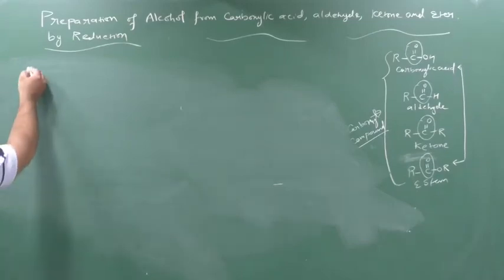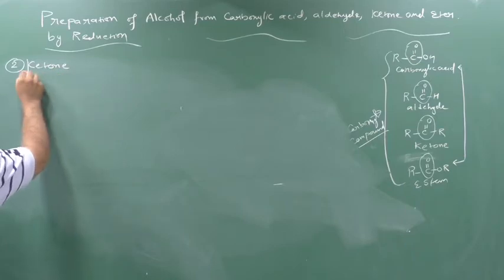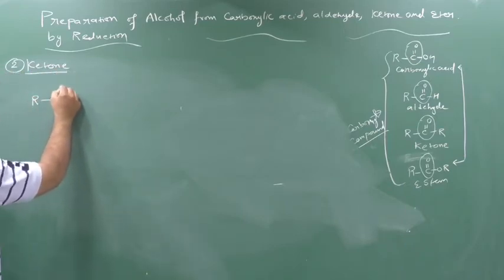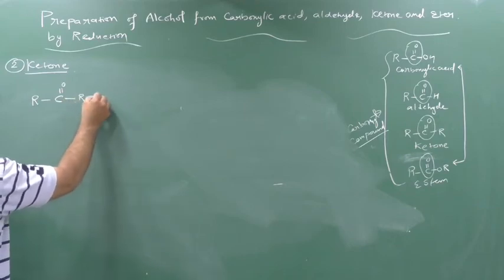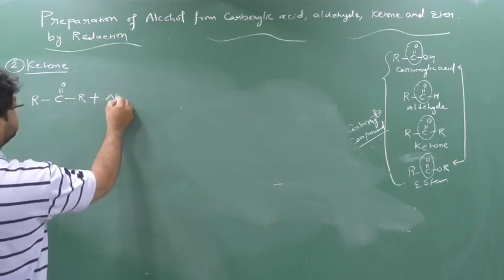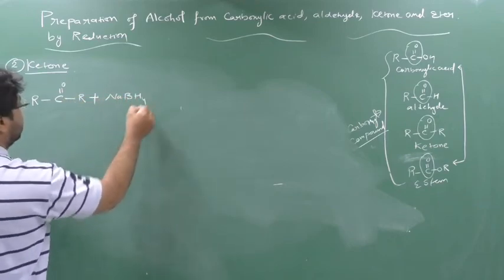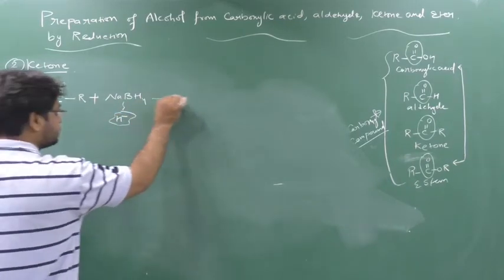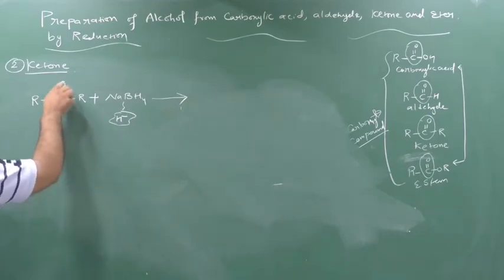So see here, ketone. The ketone general formula is R C double bond O R. Here also first sodium borohydride will come. It will generate H minus. Now this is carbon, this is oxygen.